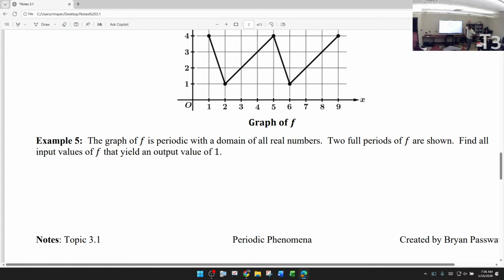Find all input values of f that yield a value of 1. There's going to be a bunch of those, right?